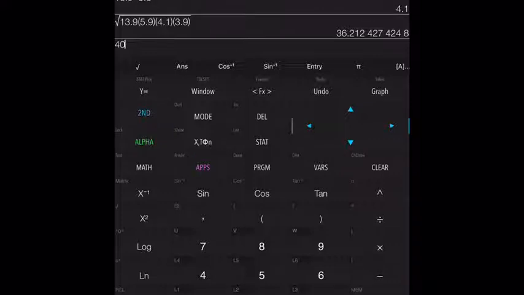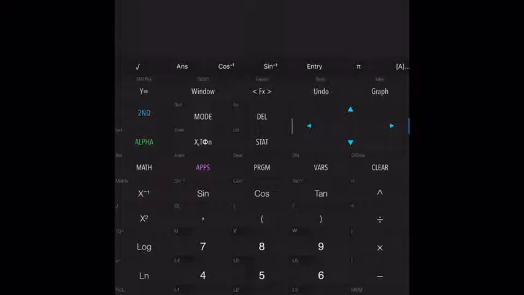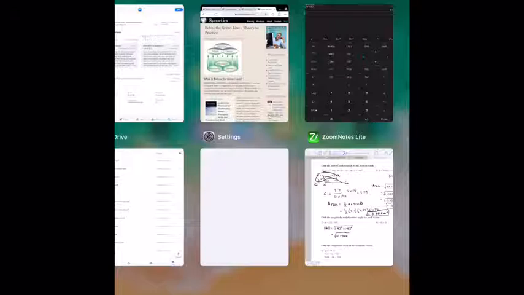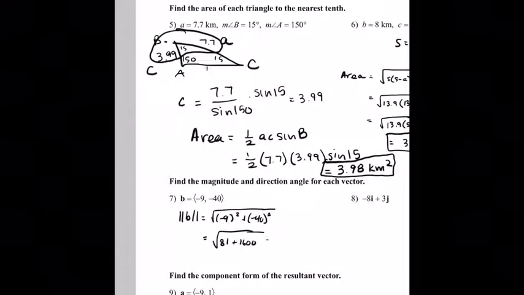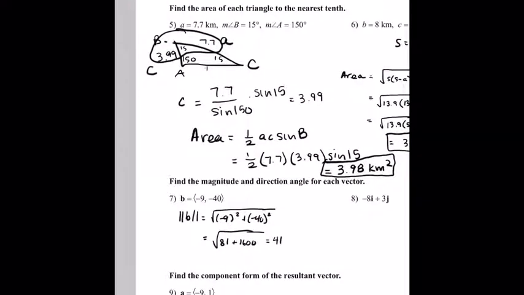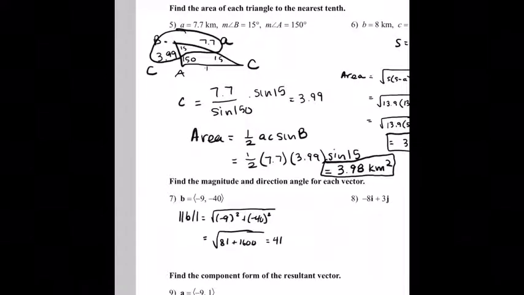So let's see. Get the square root here first. There it is. And we had 9 squared plus 40 squared. It's 41. So the magnitude there is 41.